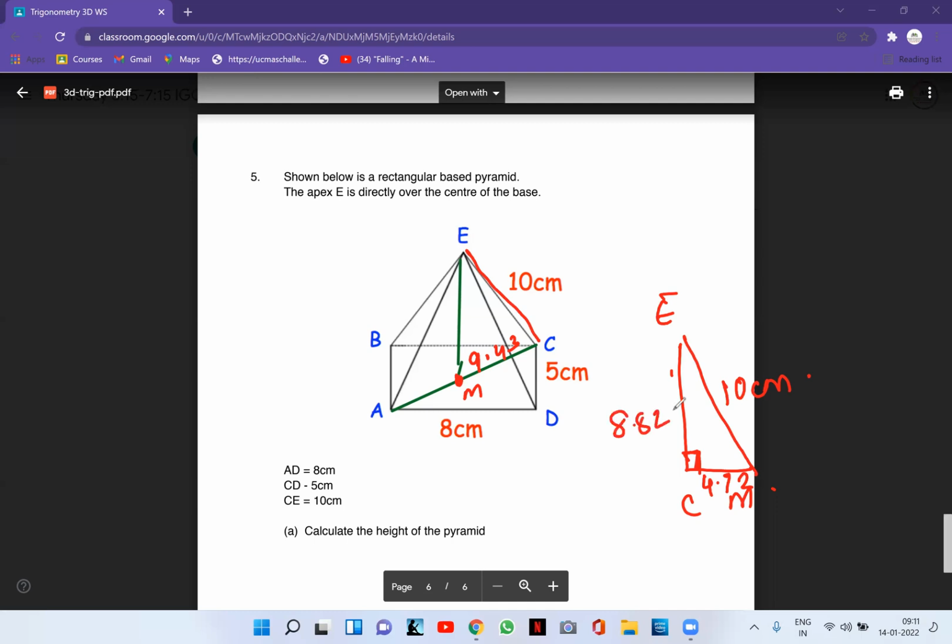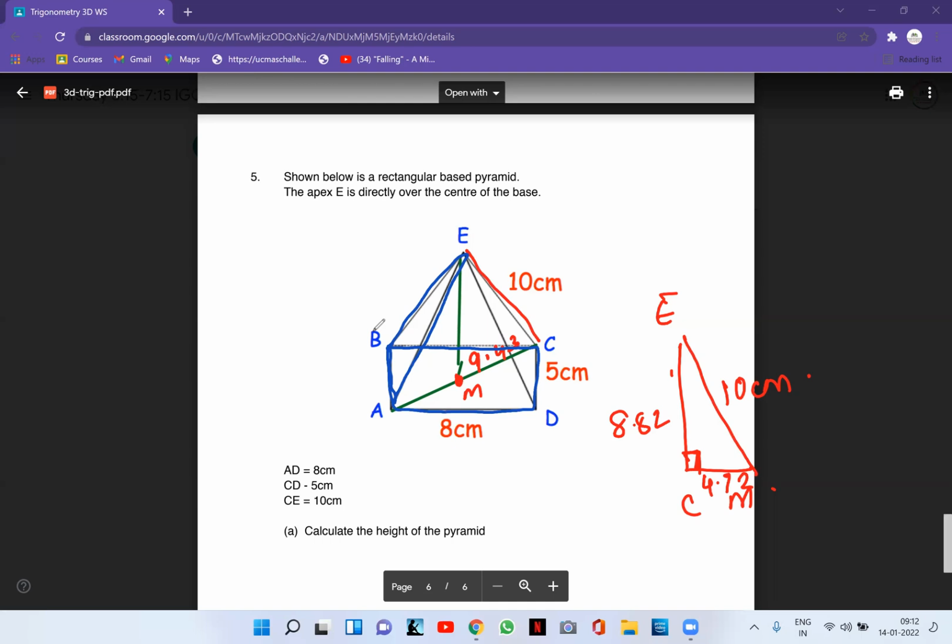Are we all clear till here? Now next part of the question is what? They have said calculate the angle between face ABE and base ABCD, that is this.